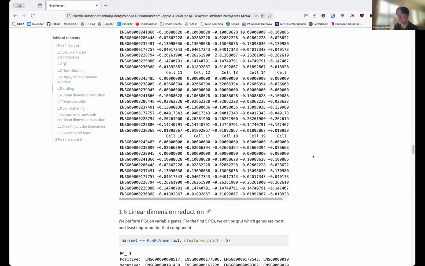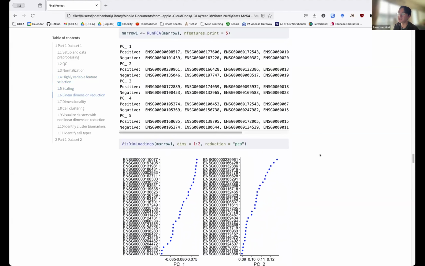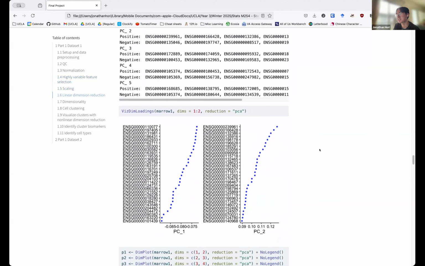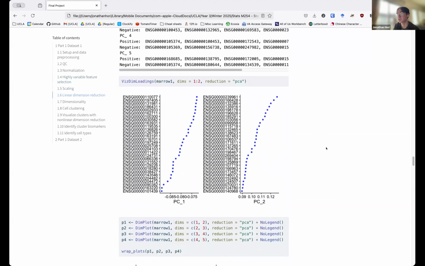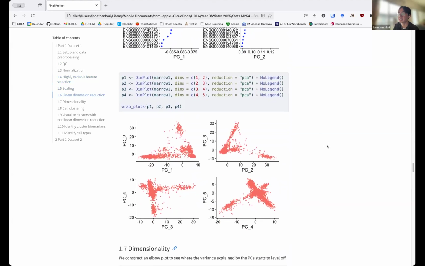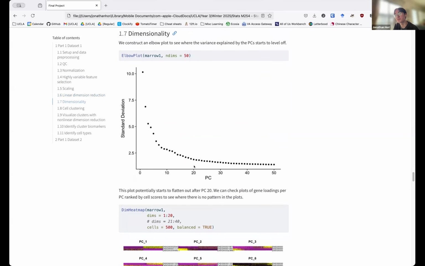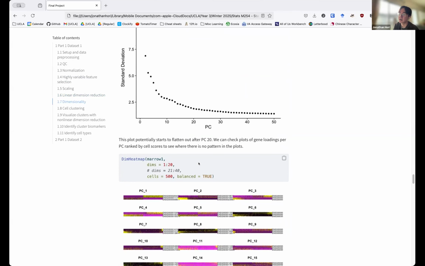I then scale my data and perform PCA, just to visualize some of the results, because I think these plots look interesting. I wanted to look at the loadings for some of the genes for a couple of the PCs, as well as plot some of the scores across the first 4 PCs. Performing dimensionality reduction after that, I opt to move forward with selecting the first 20 principal components for analysis.